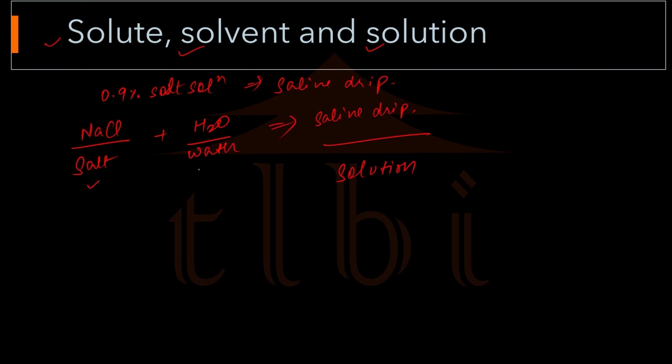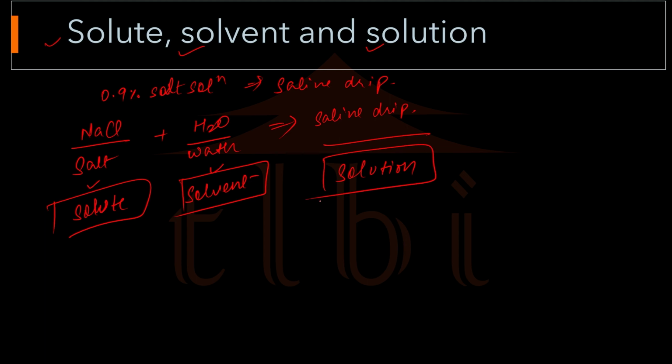Out of these two components, the one which is of larger or major quantity is called solvent, and the one which is of lesser or minor quantity will be called solute. So that is the general rule of which is the solute or solvent in a given solution.